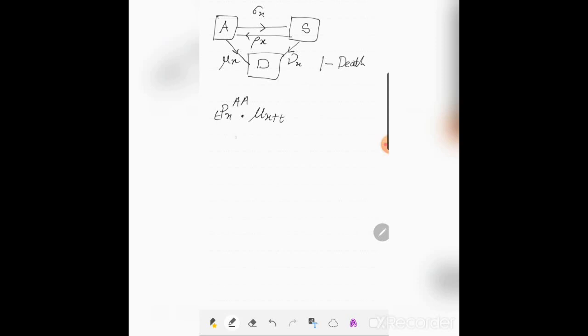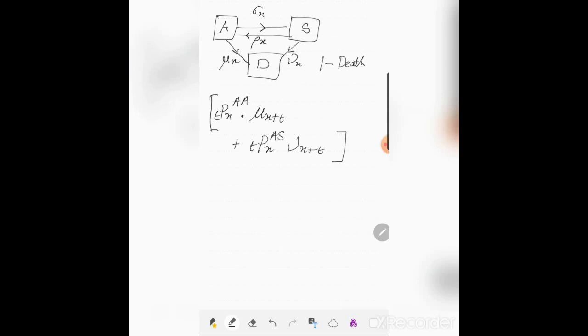Similarly, he has moved from state A to state S by the time he goes to x plus t, and from this state S, he died, so it is nu x plus t. Now this is the typical present value.